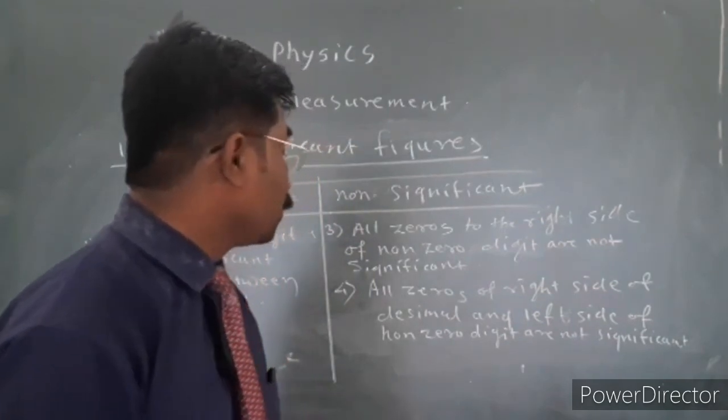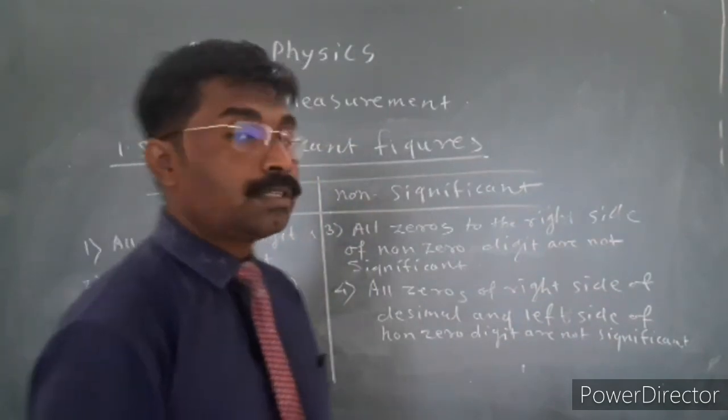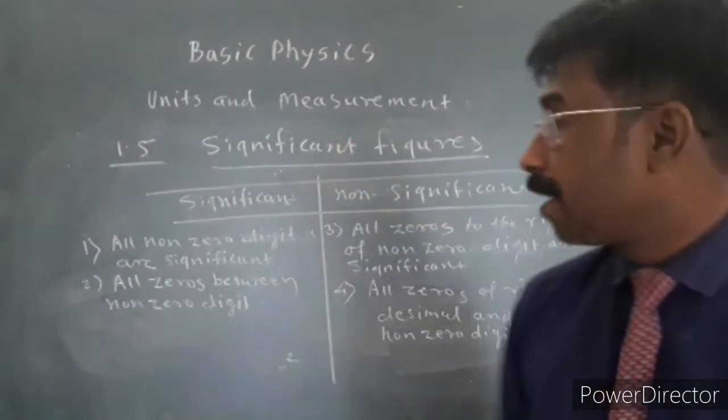Left side of non-zero digits are not significant. These are four rules which we can bifurcate.